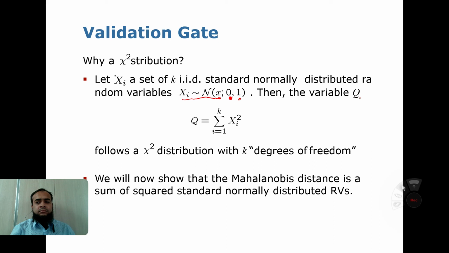Then the variable q equals the sum of the squared xi values. This is the chi-square, and it follows the chi-square distribution with k degrees of freedom. We will now show that the Mahalanobis distance is the sum of squared standard normally distributed random variables.